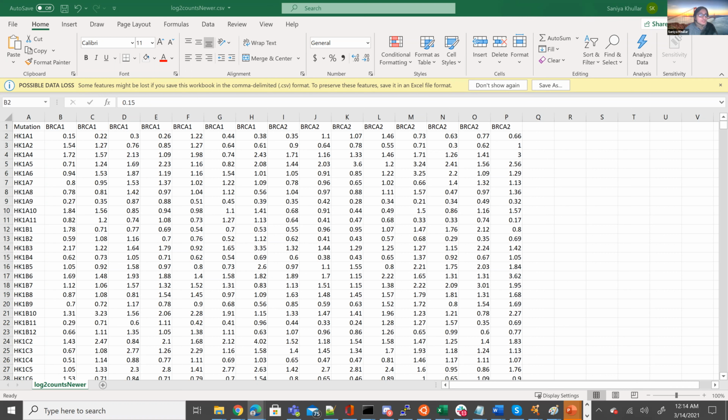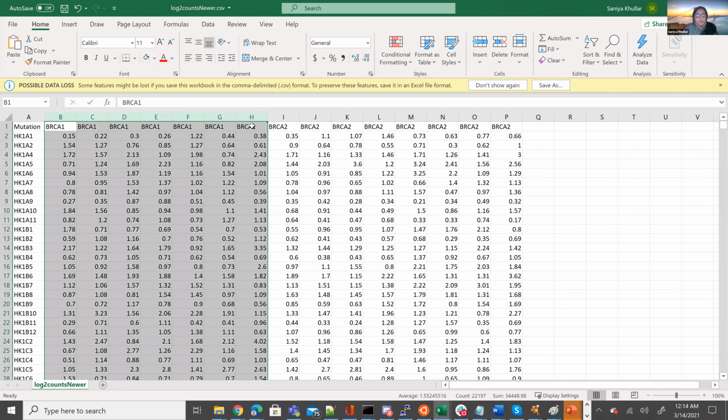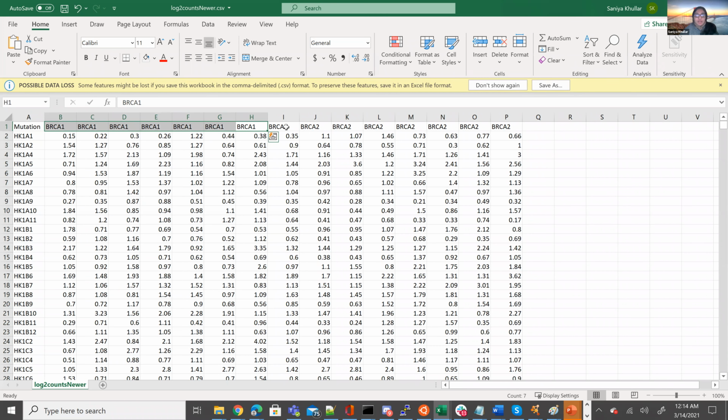These are tumor suppressor genes, and these are related to breast cancer. So we want to look at the expressions for this number of different genes here. And we have one group, which is BRCA1, and we have the other group, which is BRCA2.